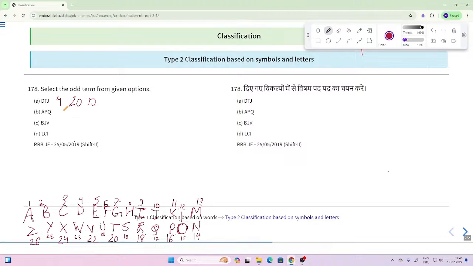A is 1, P is 16. Q is 1, 17. B is 2, J is 10, V is 22.